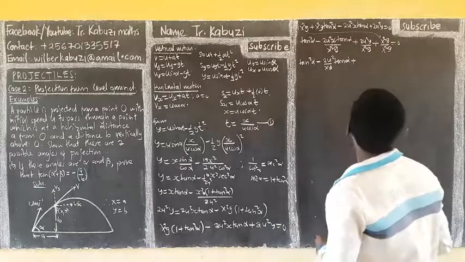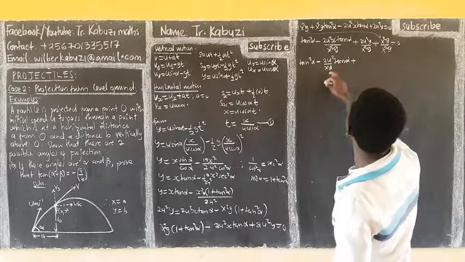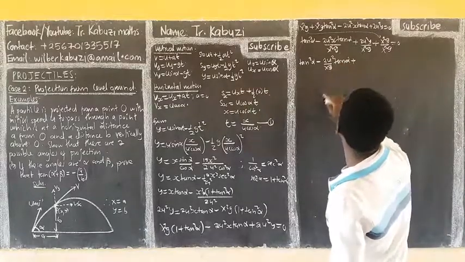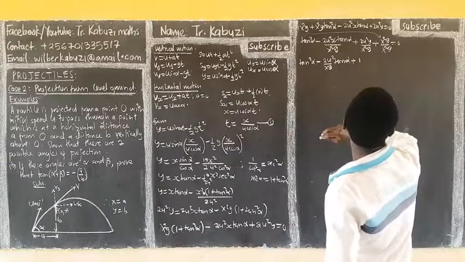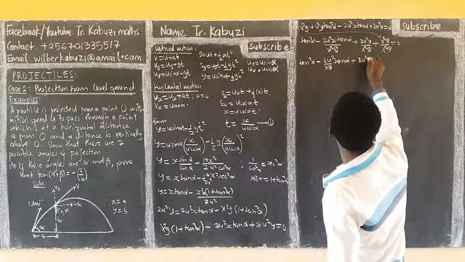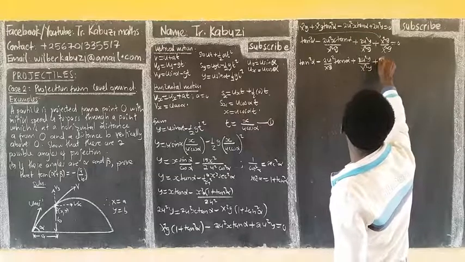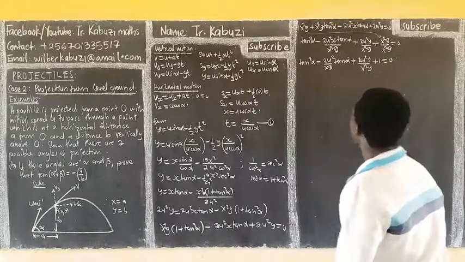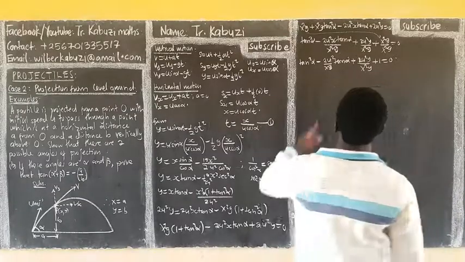So this is going to be xb tan alpha, then plus a 1 there, plus 2u squared b y over x squared b, then plus 1 equaling 0. And then you see this is a quadratic equation.